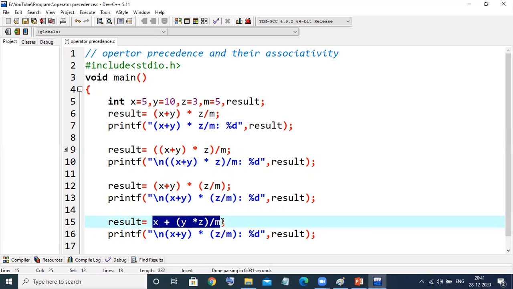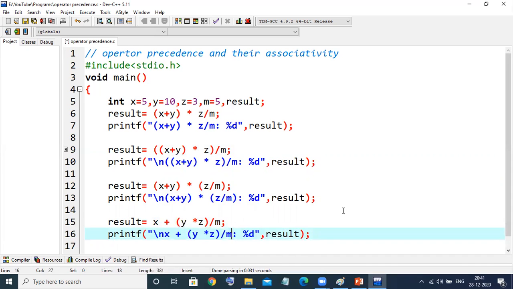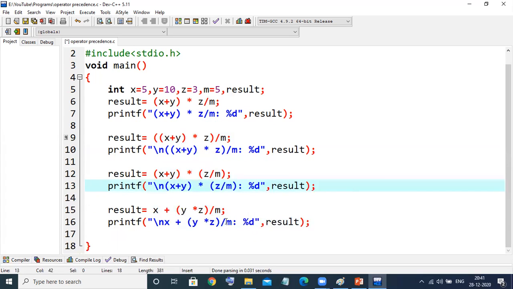Now guess the output. Bracket has the highest priority, all of you know that. The bracket y into z: y is 10, into z.